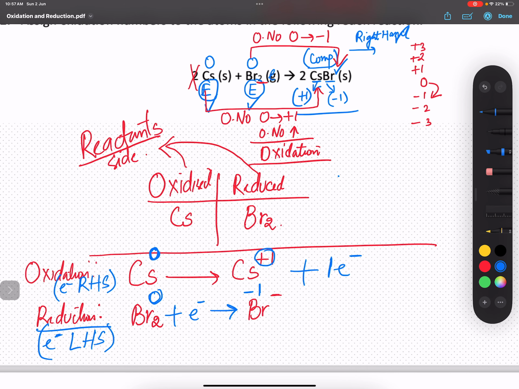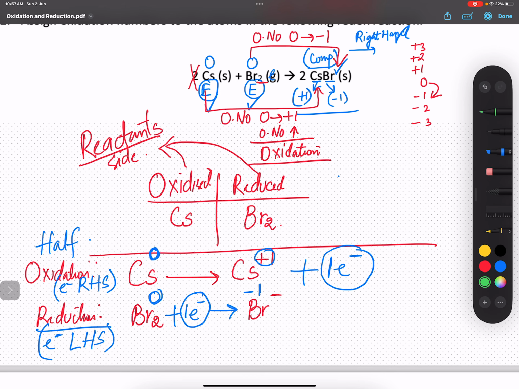Now, importantly, the number of electrons should be the same in both equations. This is the oxidation half reaction and this is the reduction half reaction. You split it into halves, so the electrons should be the same in both equations.